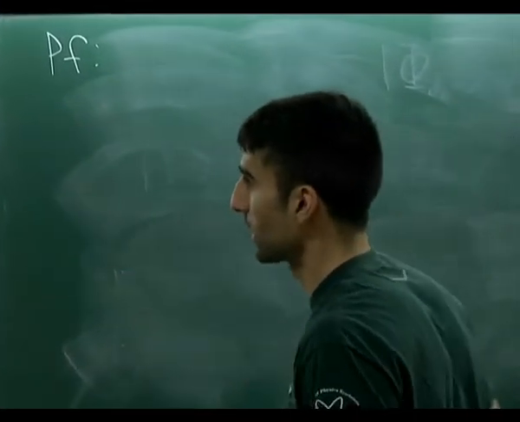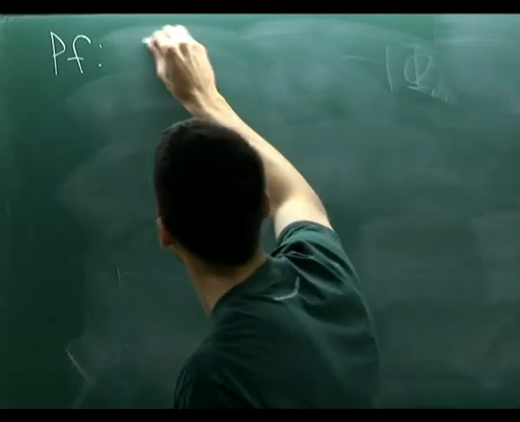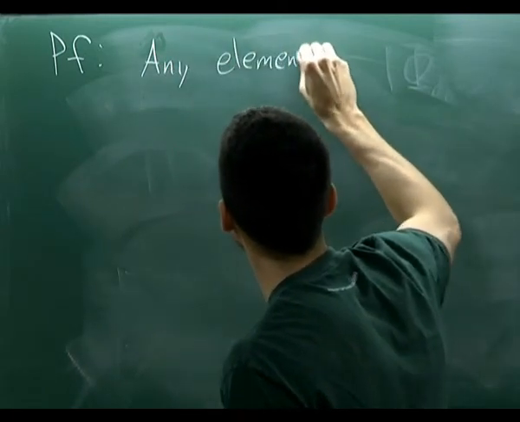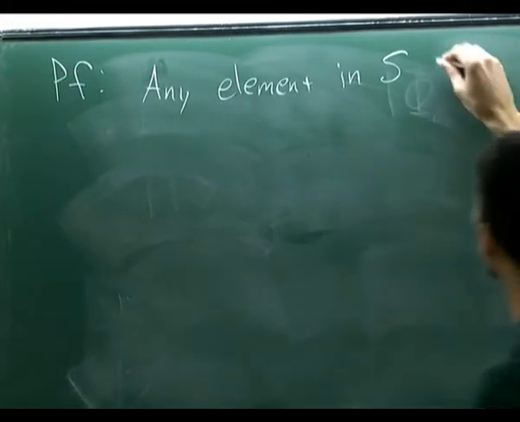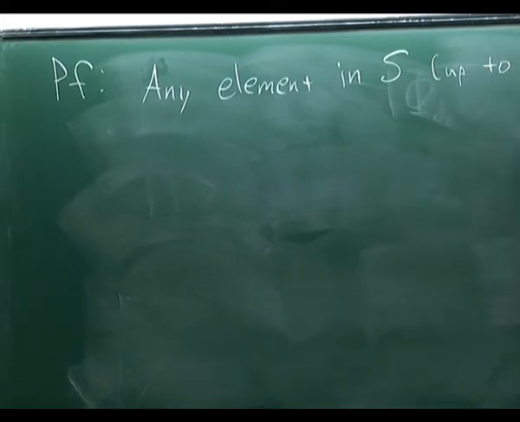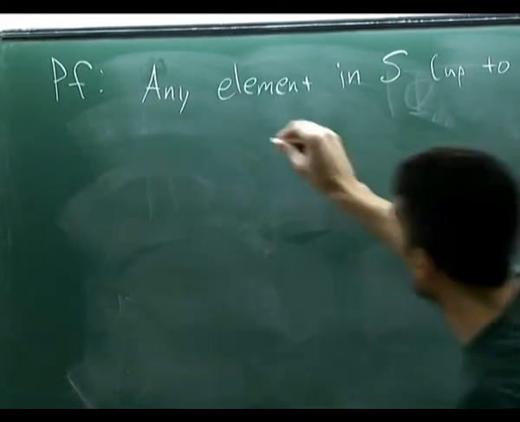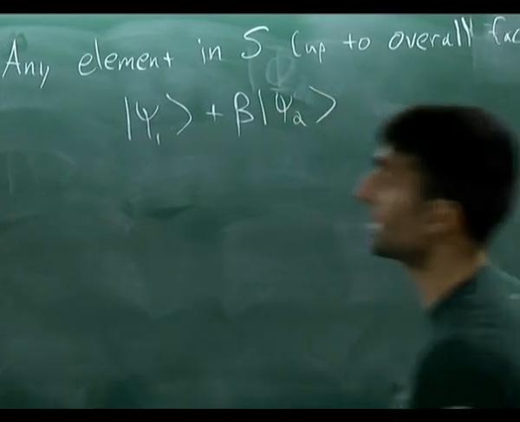So first, we'll tackle the first property: S contains at most two product states. The way this works is, any element in S can be written, up to an overall factor, as a linear combination psi 1 plus beta psi 2.